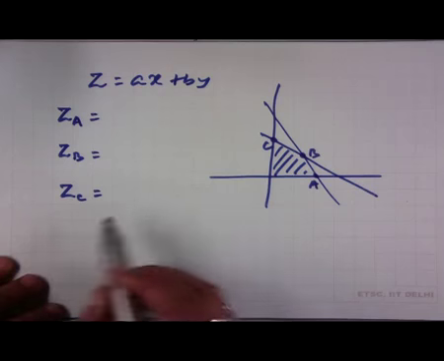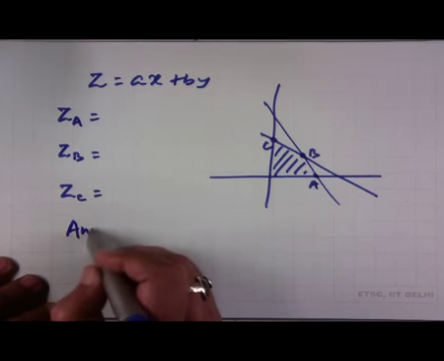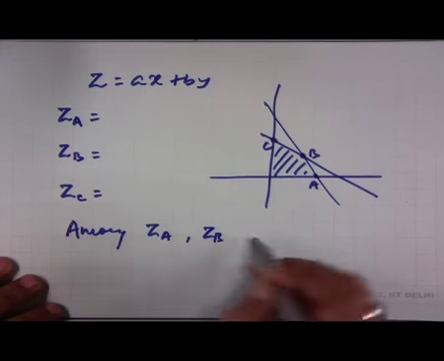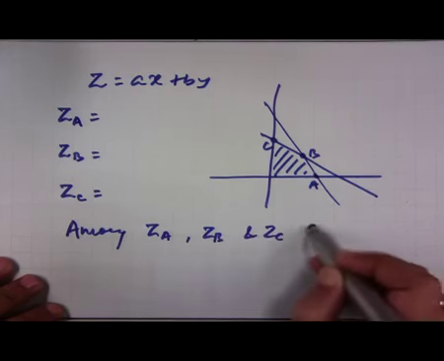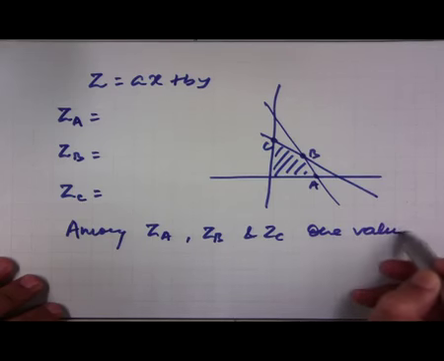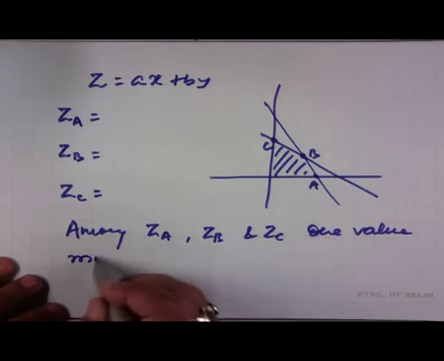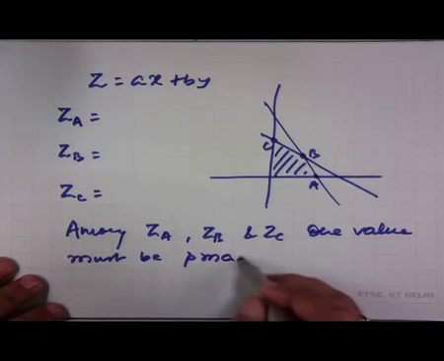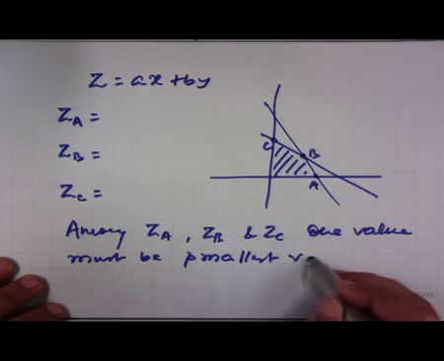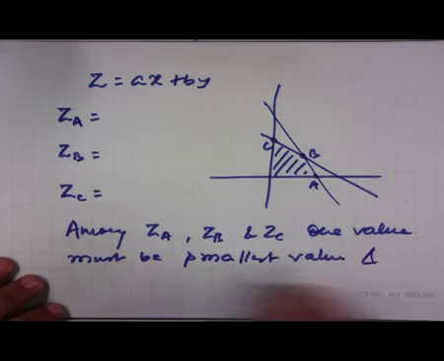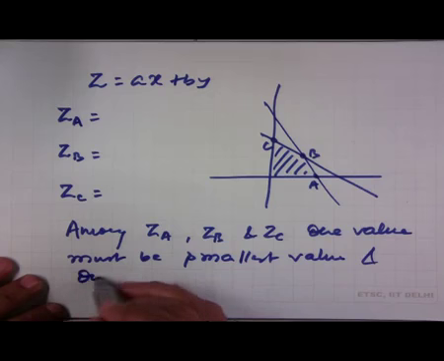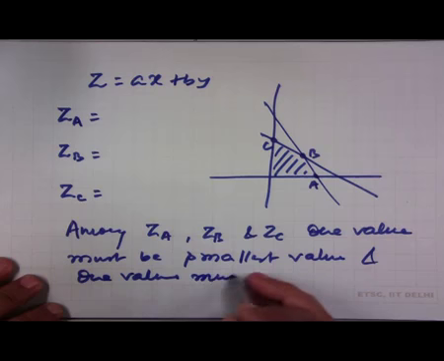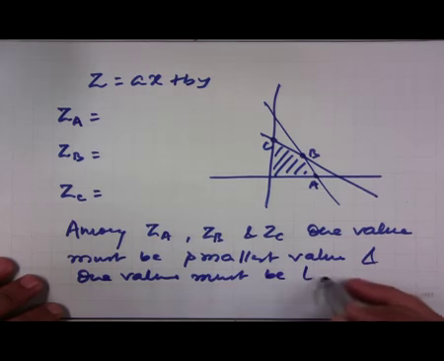So among ZA, ZB and ZC, one value must be the smallest value and one value must be the largest value.